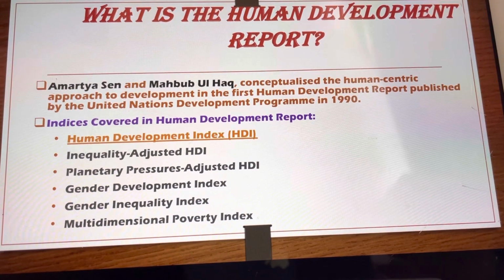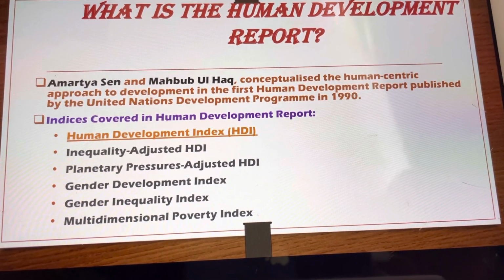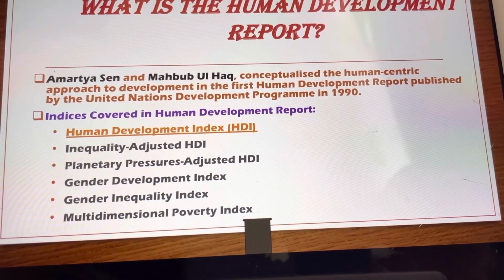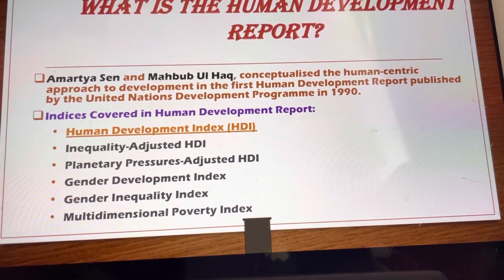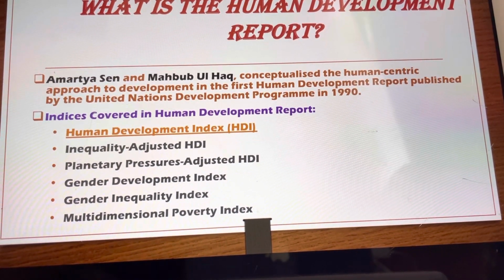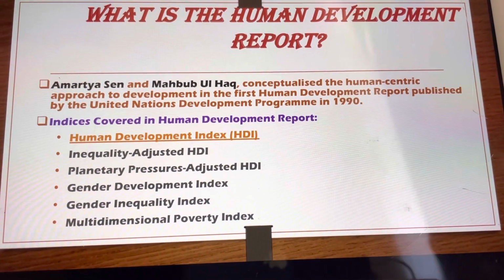Indices covered in the Human Development Report: Human Development Index, Inequality Adjusted HDI, Planetary Pressures Adjusted HDI, Gender Development Index, Gender Inequality Index, Multidimensional Poverty Index.